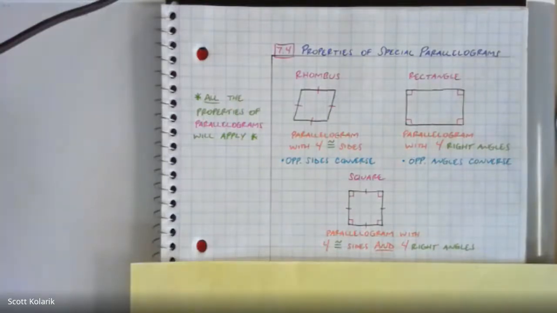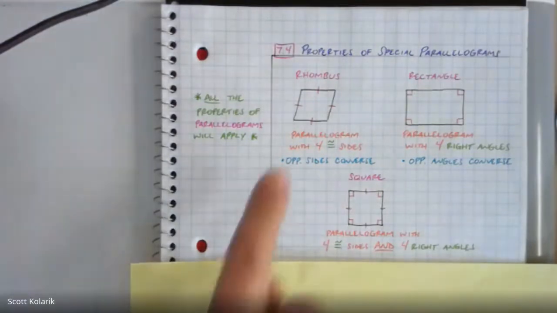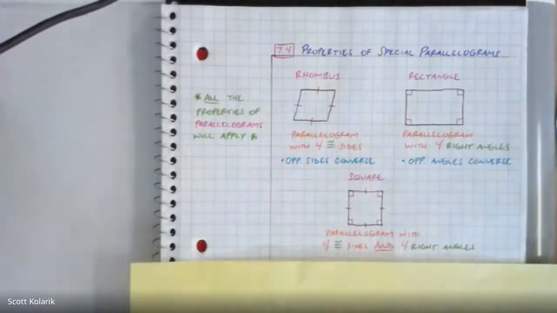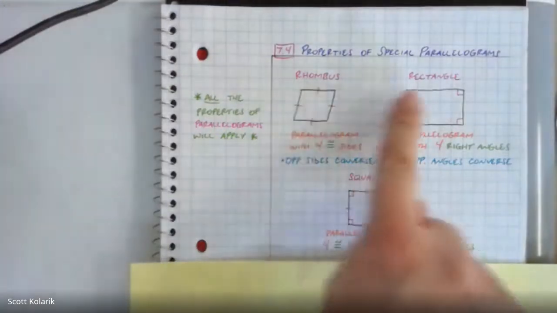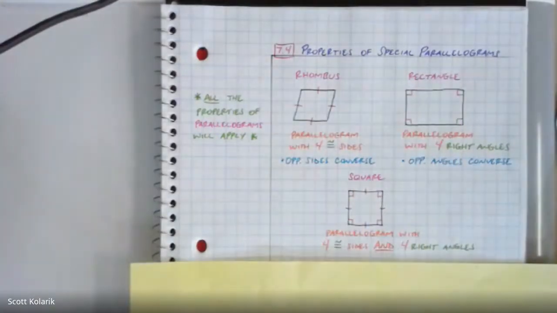And then even more specifically, they are each parallelograms. Even though I did not draw the red arrows in any of these figures, these are all parallelograms, which is a specific type of quadrilateral. Not all quadrilaterals are parallelograms, but all parallelograms are quadrilaterals. And then even more specifically, underneath the umbrella of parallelogram, you have these names: rhombus, rectangle, and square.